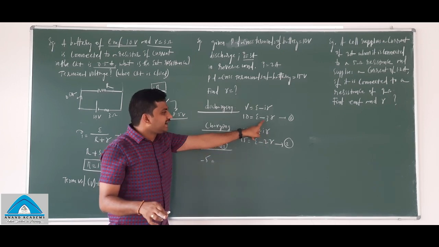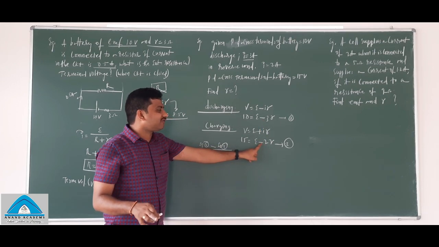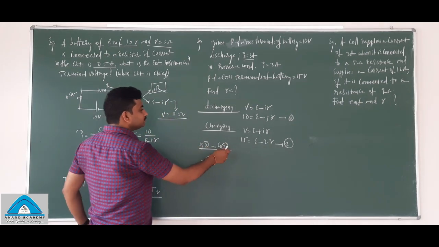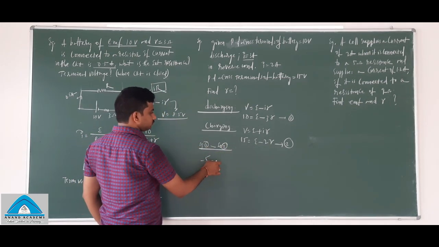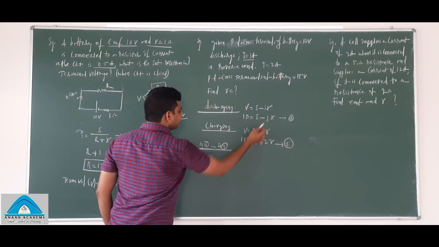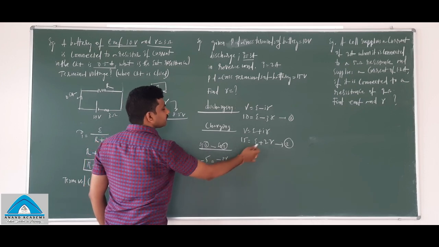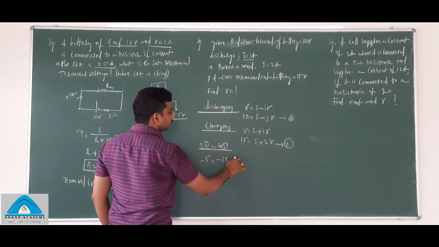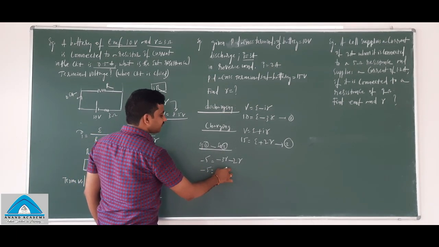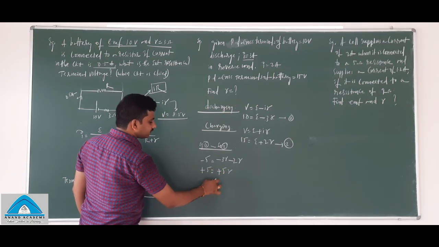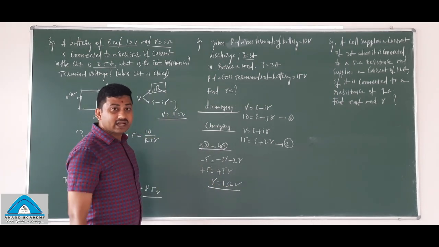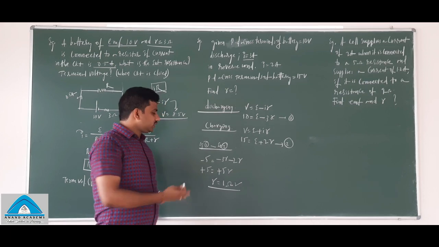So minus 3R minus 2R. So minus 5 is equal to minus 5R, minus signs cancel and R is equal to 1 ohm. Yes, that's it. Understand? Clear? So this is the route.